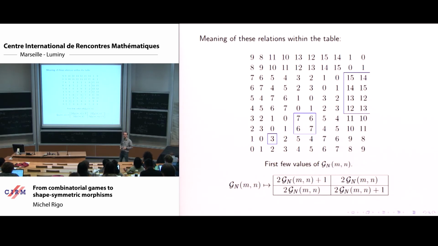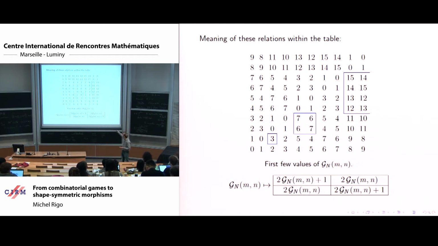I mean the following. I can produce all my table just with these two relations, because if you know what's going on here, I know exactly what will go on in this 2 by 2 square, right? Because if it's the position mn, then here you have the positions 2m, 2n, 2m plus 1, 2n plus 1, and so on. And so 3 times 2 is 6, plus 1 I get those two 7, and I can continue this way.